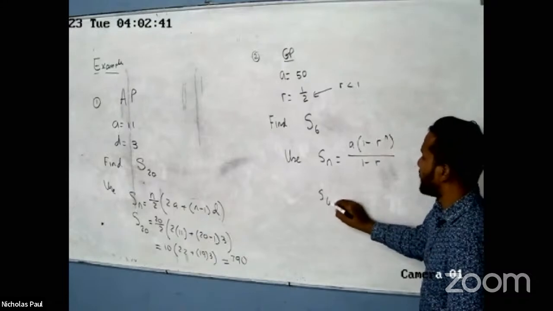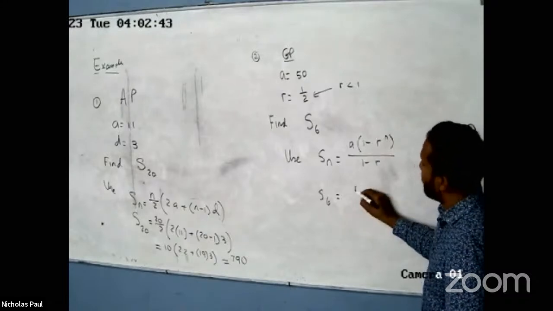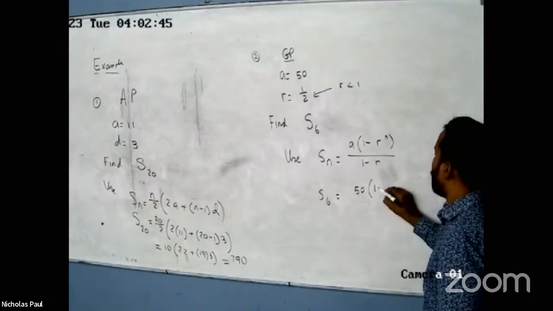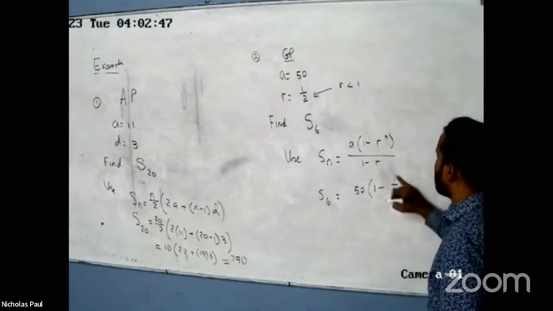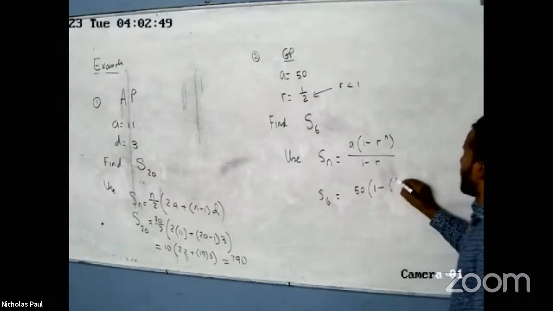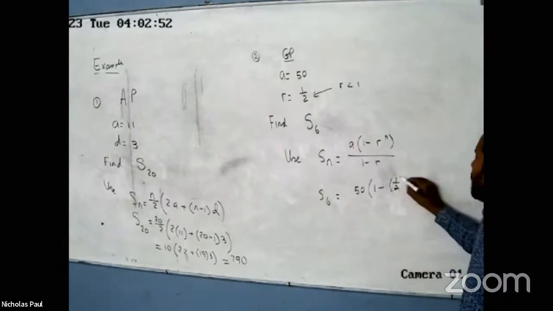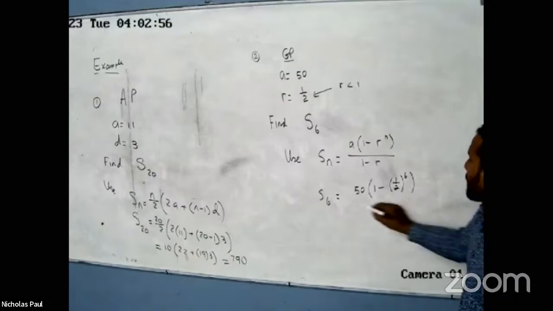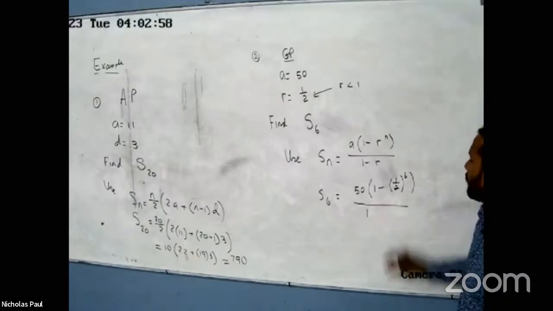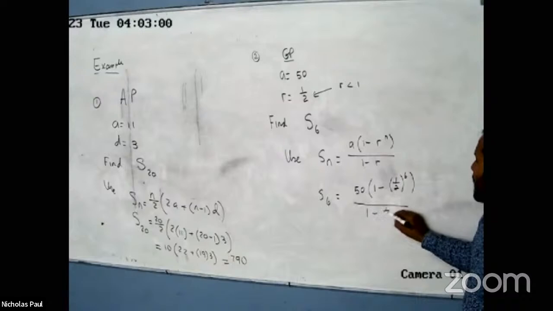So S6 is equal to 50 by 1 minus 1 half, all to the power of n, over 1 minus a half.